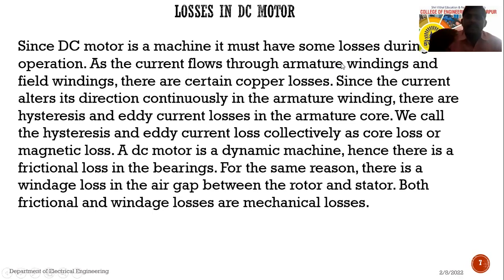While operating a DC motor, because there is a rotating part, there is friction and there are bearings, so there are some mechanical losses. It also contains resistive parts, so due to that resistance there are copper losses.